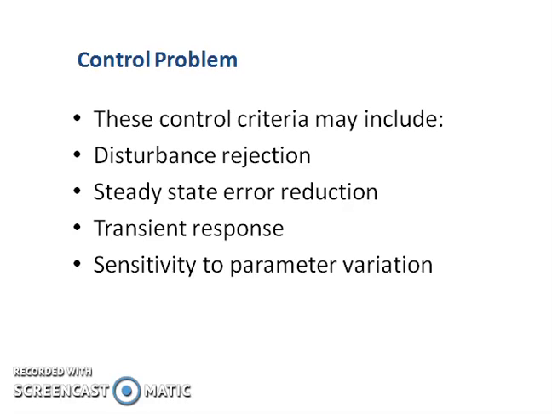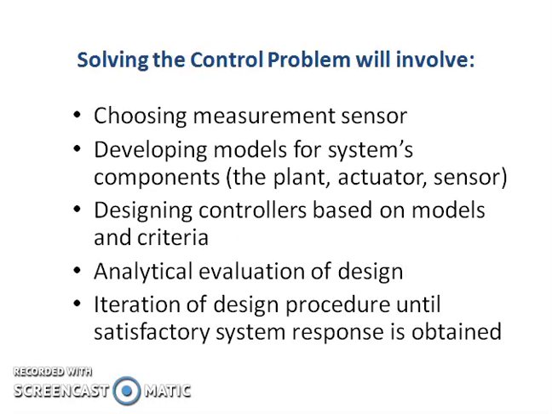These control criteria may include disturbance rejection, steady-state error reduction, transient response, and sensitivity to parameter variation. Now, solving the control problem will involve: 1. Choosing measurement sensors appropriately; 2. Developing models for system components, which may include the plant, actuator, sensor, and so on; 3.